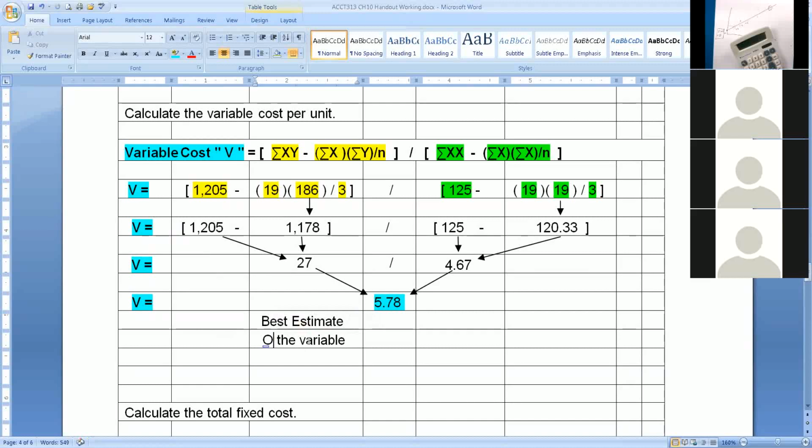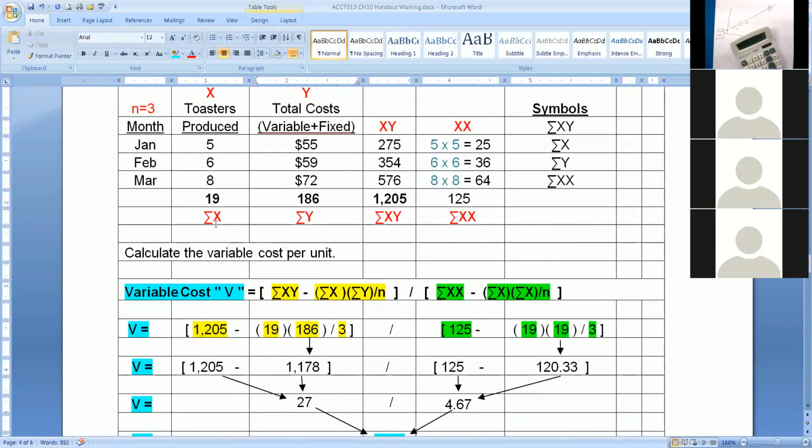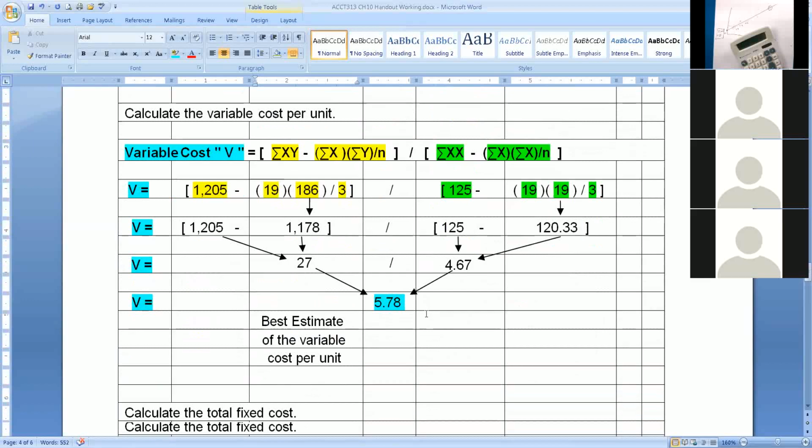Oh, no, I goofed it up. So this is the best estimate of the variable cost per unit, given the information that we have, given these 3 data points.